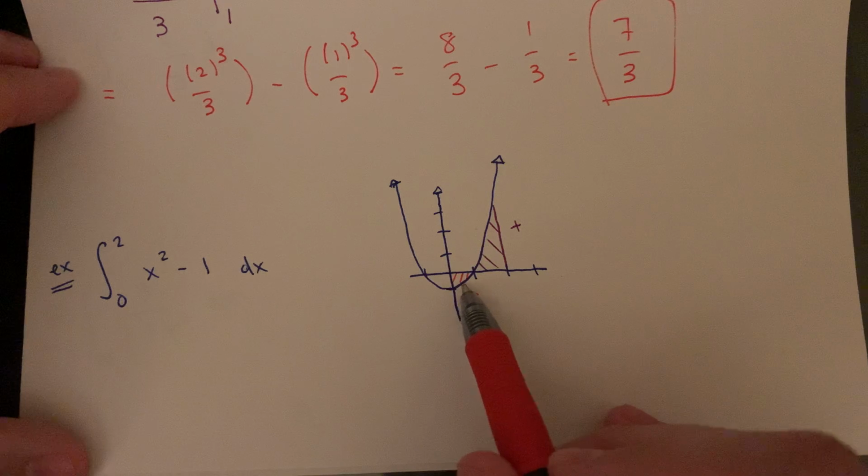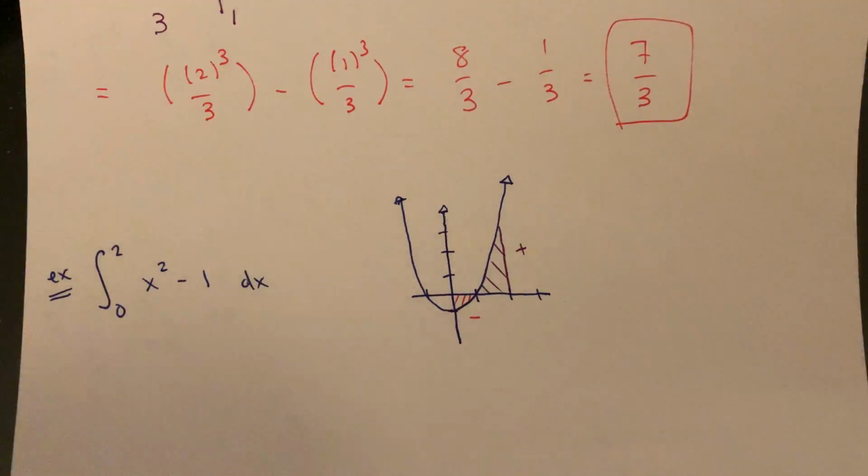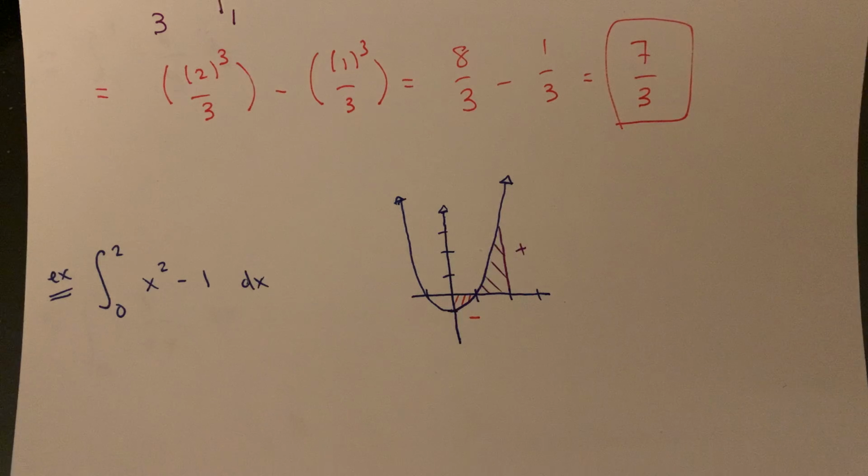So we have a negative chunk down here, and then just to eyeball it, of course, this is my not wonderful drawing, but it looks like this positive portion is bigger. So probably the overall area is going to be positive here. But one of the things that can happen is if we found the area under the curve of something that was mostly underneath the axis, you would actually end up with a negative area.